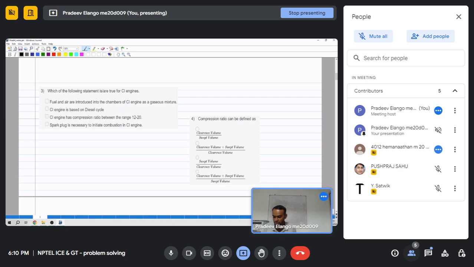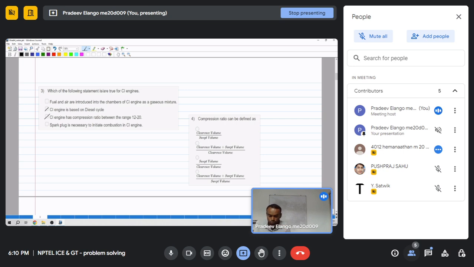The CI engine is based on the diesel cycle. The CI engine has a compression ratio between 12 and 20. A spark plug is necessary to initiate combustion in the CI engine. Statements 1, 2, 3 are correct? Statement 1 is not correct.